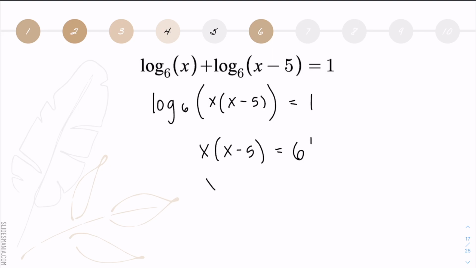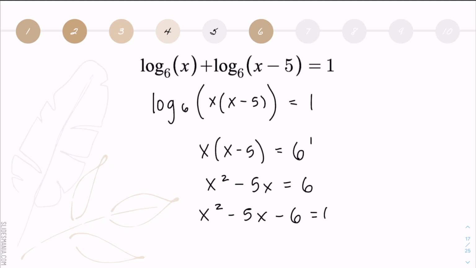X times x is x squared. X times -5 is -5x. And then 6 to the power of 1 gives us 6. Now, this is a quadratic equation. And to solve quadratics, we could either factor, complete the square, or use the quadratic formula. Here, I'm going to try factoring. So I'm going to set it equal to 0.